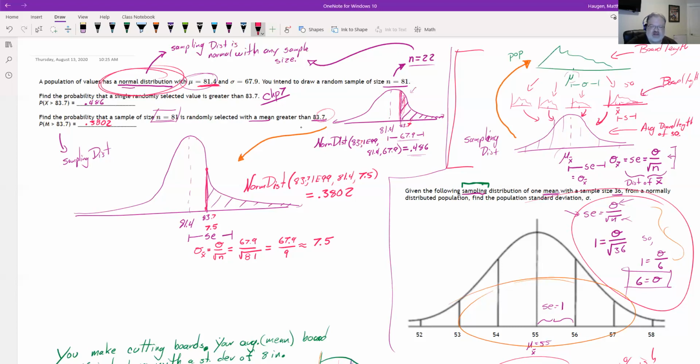If our original population is something that's normal, no matter how big it is or small it is, our sampling distribution is always normal. Which depends on what we're looking at. But regardless of what we're looking at, if the sample size is large enough, it's still normal. Okay.